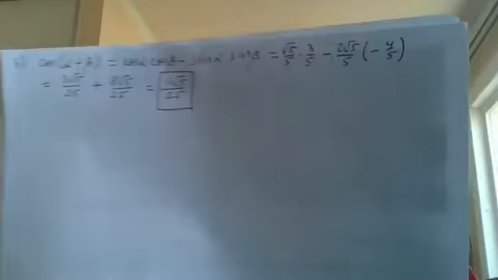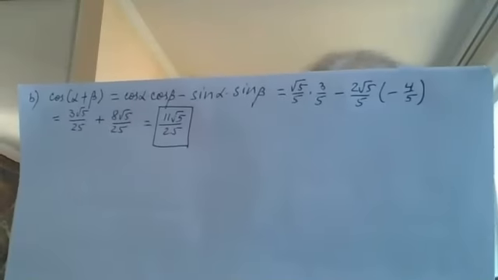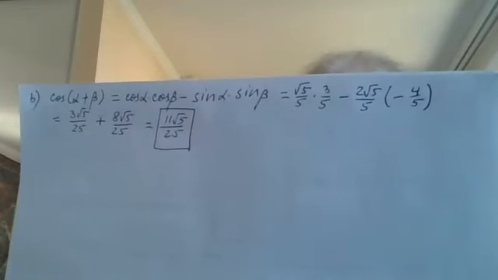I'm copying 25, adding the top parts, 11 square root of 5. Voila. This time I found this answer much faster. Can I move, with your permission, to the next part? Yep. Which is part C.